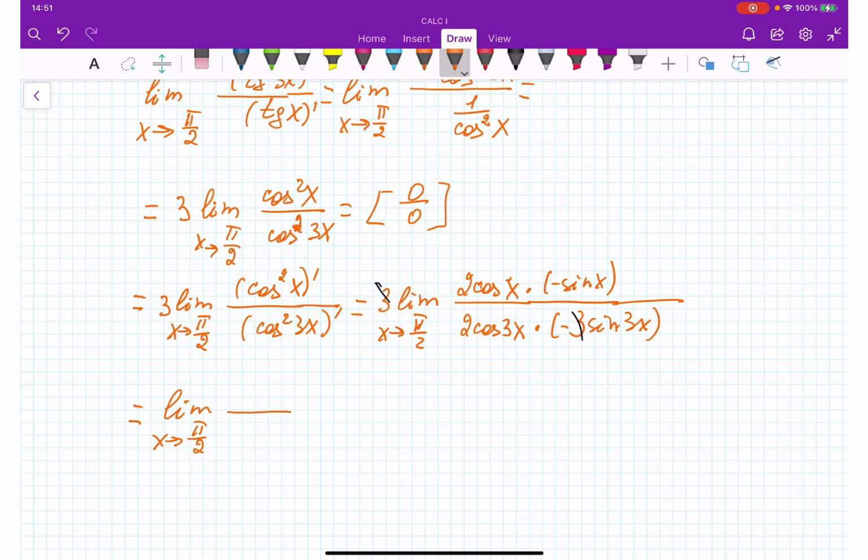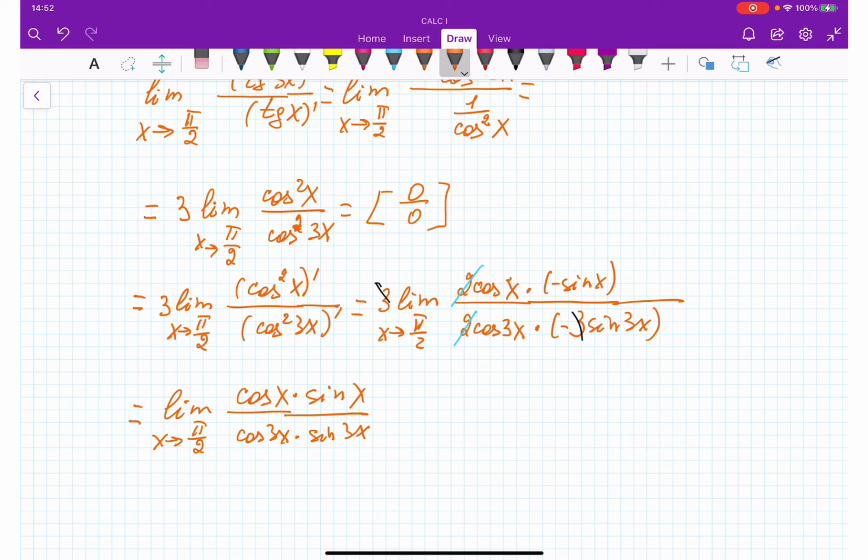Negative with negative is going to cancel, and we are getting cosine x. Oh, these two also will be cancelled. So we have cosine x times sine x. In the denominator, we have cosine 3x times sine 3x.